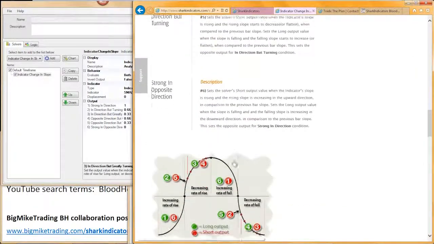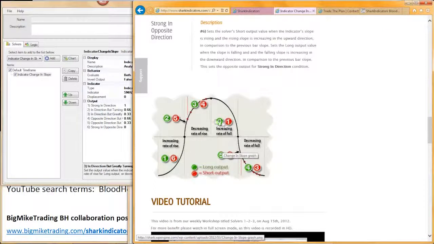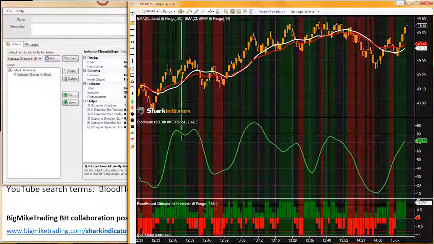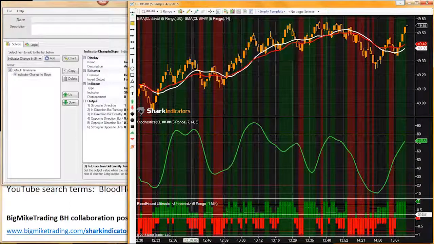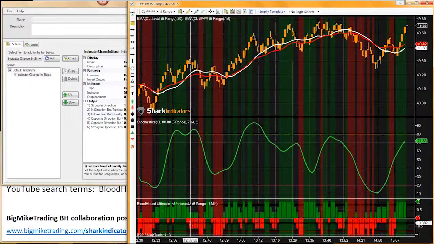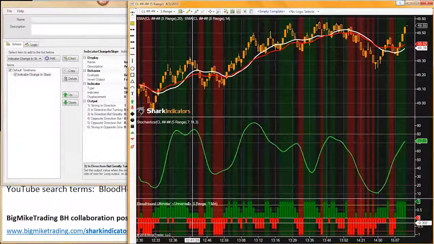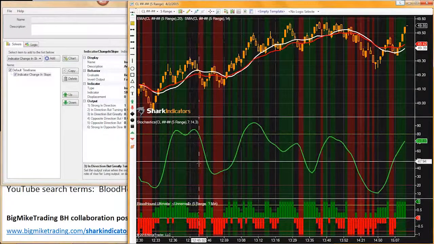Actually, I should say the numbers in the graphic image correlate to the output number as well. The green number 1 correlates to the long output, so the long output is going to be the green output in Bloodhound, and the red output correlates to the short side output in Bloodhound.